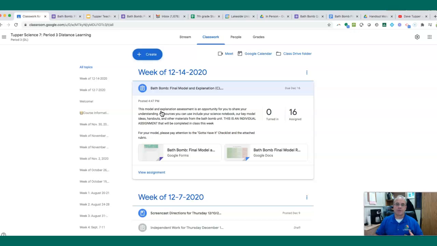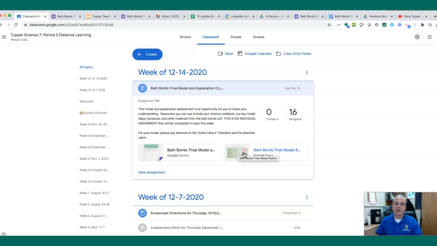So think back, look through your notebook, all of those things. This is an individual assignment, and we're going to do it in class this week. For you, that means Monday, period 3, or Tuesday, period 4. Something to pay attention to: the Gotta Have It checklist that's on the document, and this attached rubric.